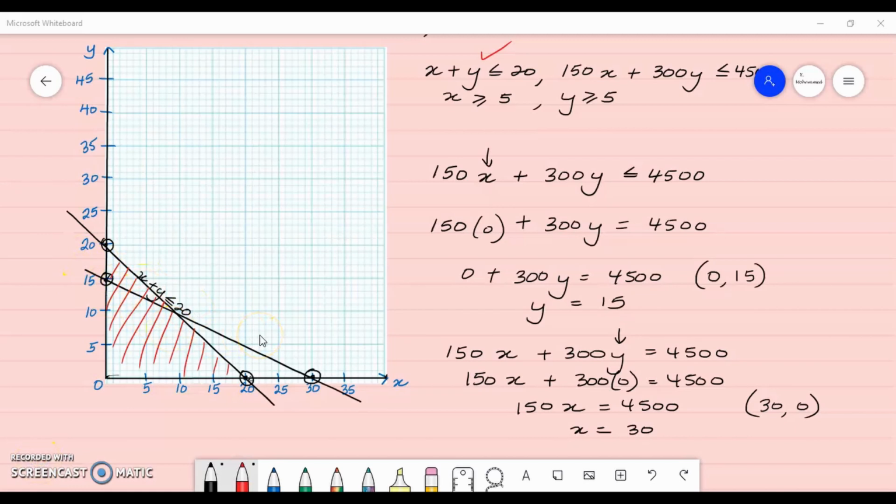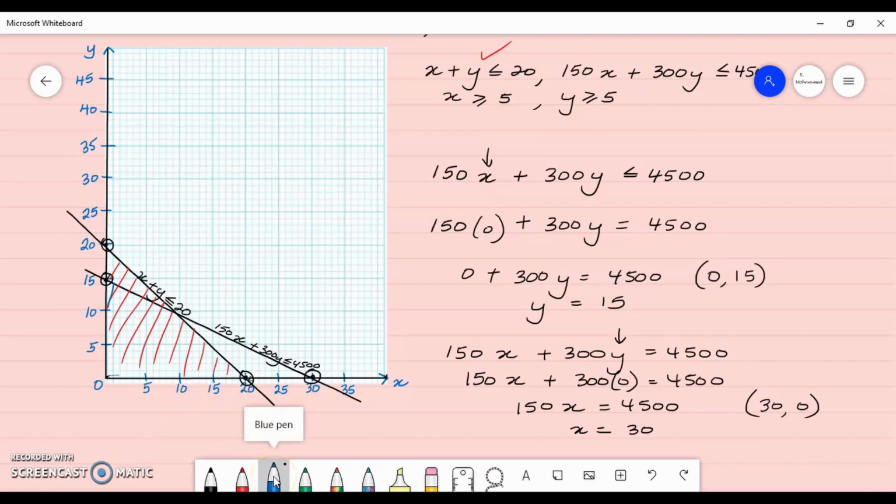Remember, this is the line 150x plus 300y is less than or equal to 4500, right? And it's less than or equal to, I have that equal to part there, so my line is a solid line, and it's less than, so I need to shade under that line.